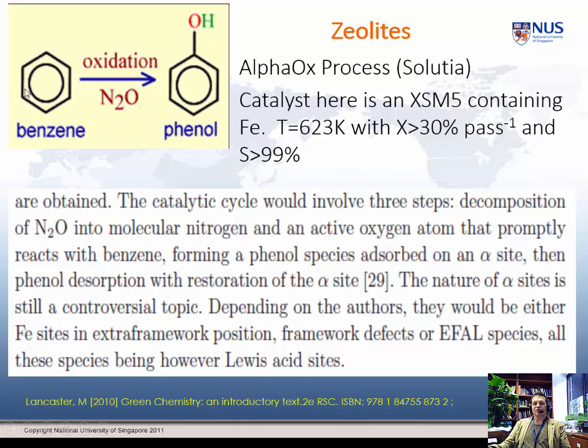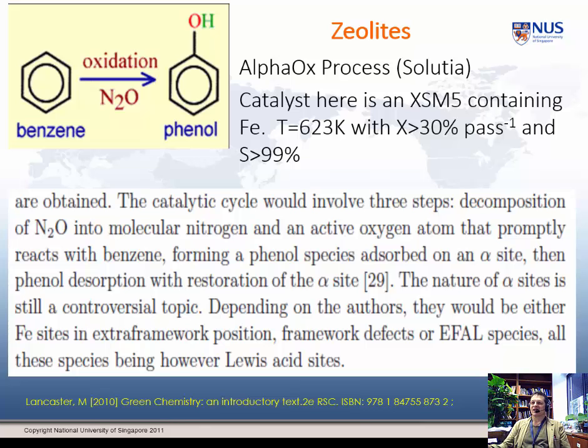This is an interesting one, quite recent process, the conversion of benzene to phenol using N2O as an oxidant. Really interesting. N2O is a greenhouse gas, and therefore you can actually recover it from air and use it as a reactant, and technically I suppose earn some carbon credits.